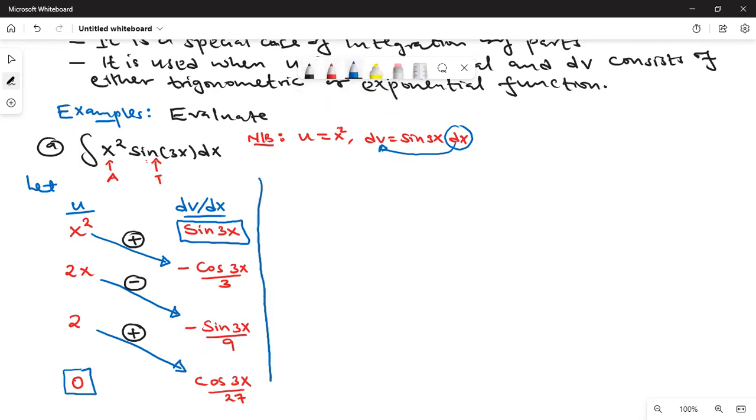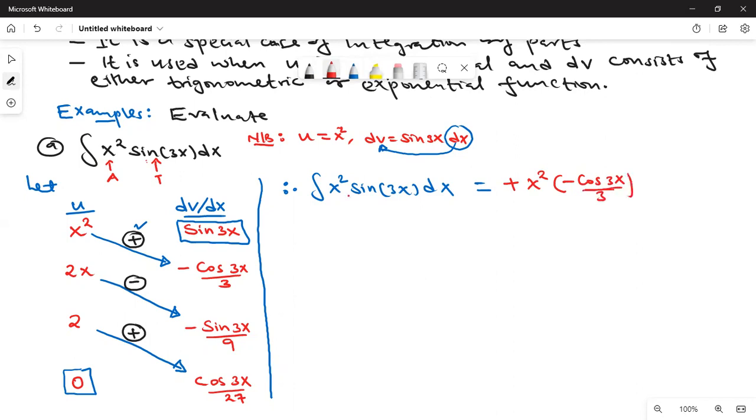Of course, I'm going to write something on the right-hand side here. It means you take x squared, of course the sign is positive, x squared times negative cosine 3x. So our answer, therefore, the integral of x squared sine 3x dx should now be equal to the first one: positive x squared times negative cosine 3x over 3.